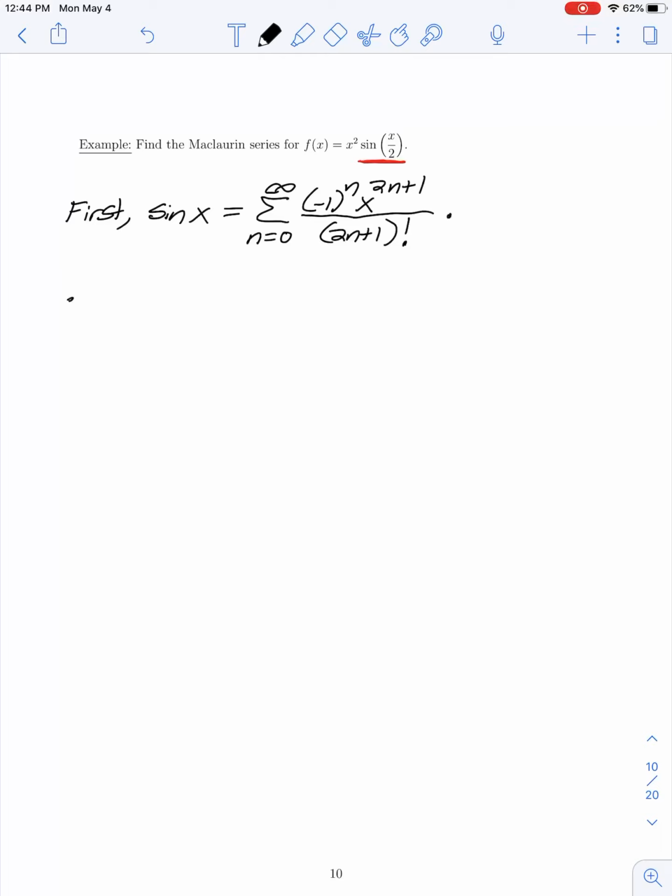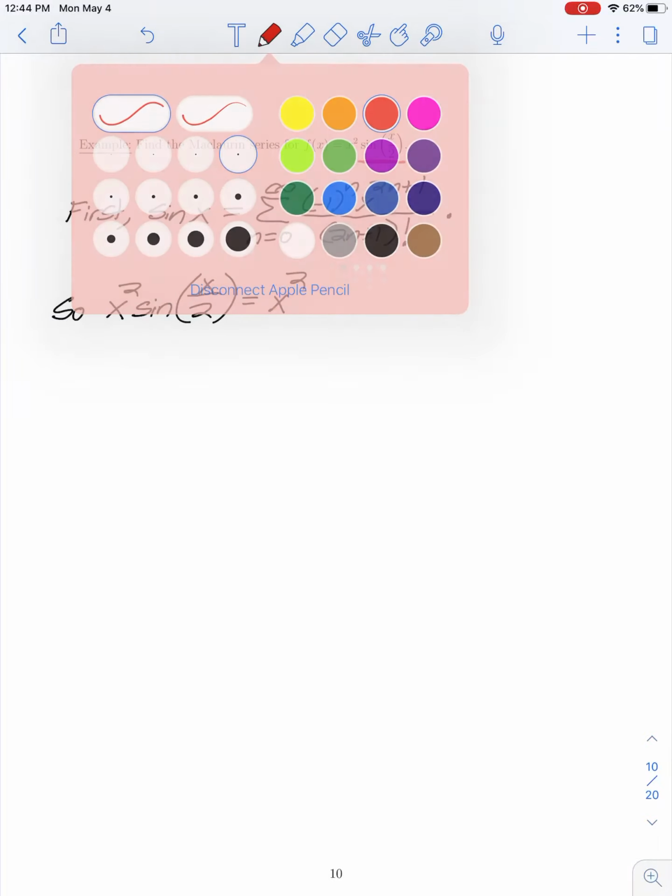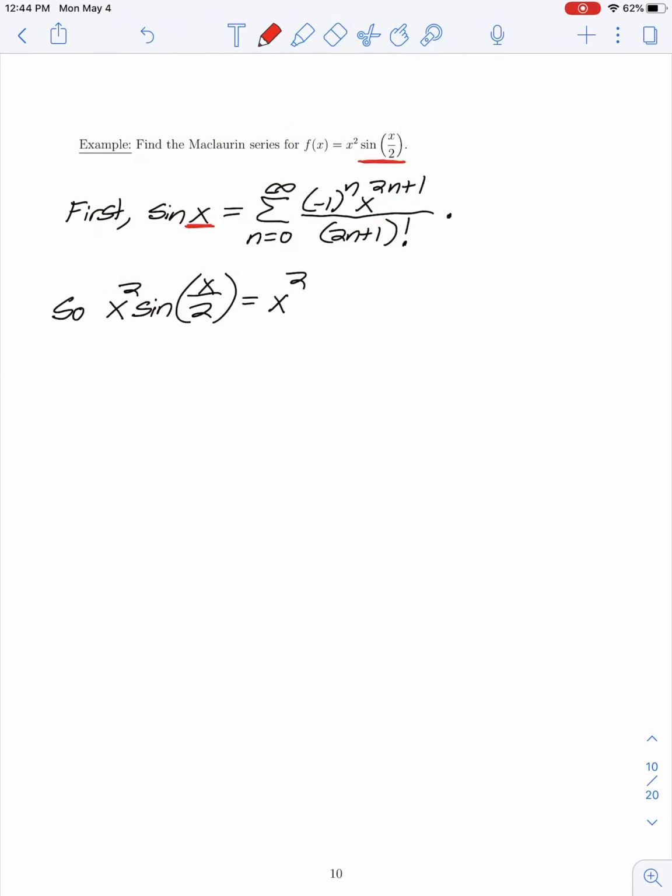So if we are interested in the function x squared times sine of x over 2, well, we have a factor of x squared out in front of our sine function, and instead of having sine of x here, we replaced our argument of sine with x over 2.